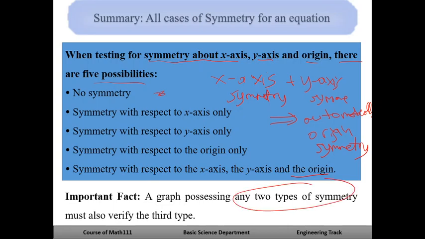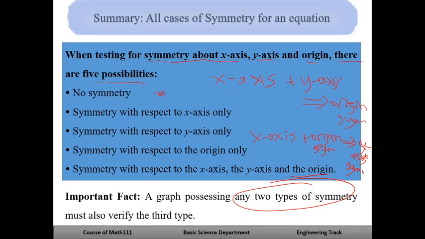And any two of them, like the y-axis symmetry plus the origin symmetry, gives the x-axis symmetry, or take the x-axis and the origin symmetry, so it gives you the y-axis symmetry.